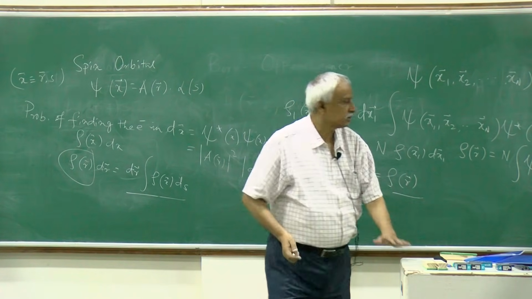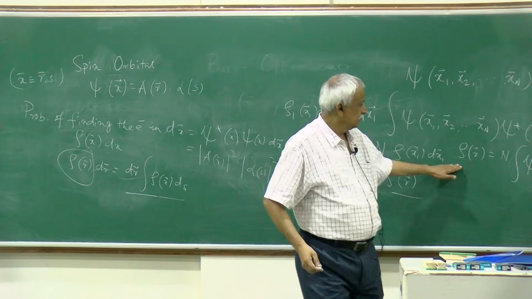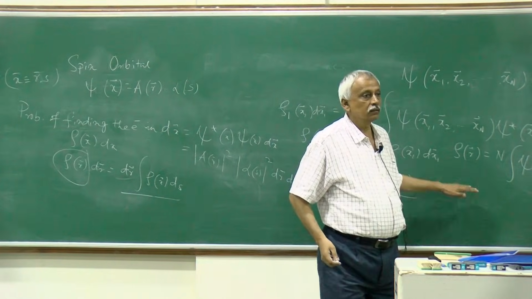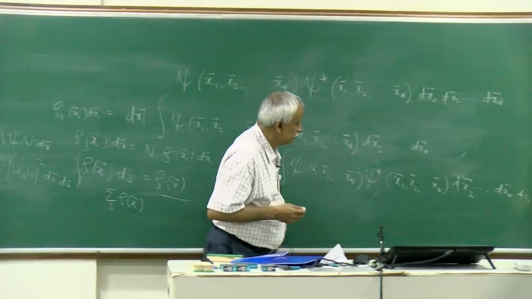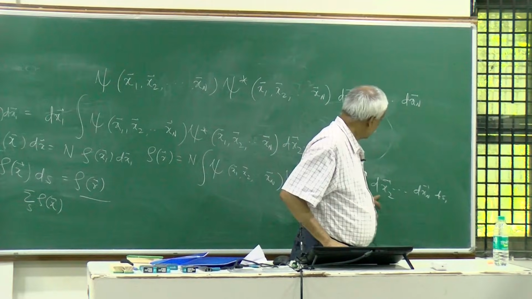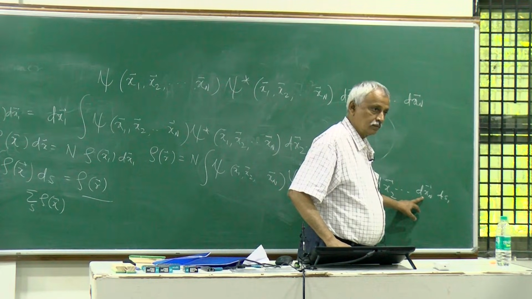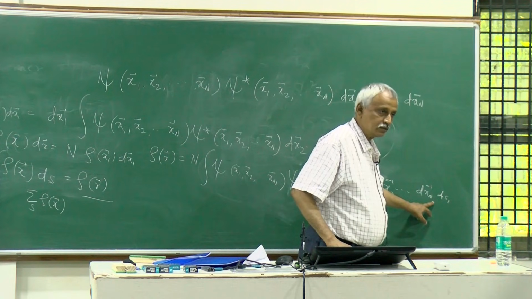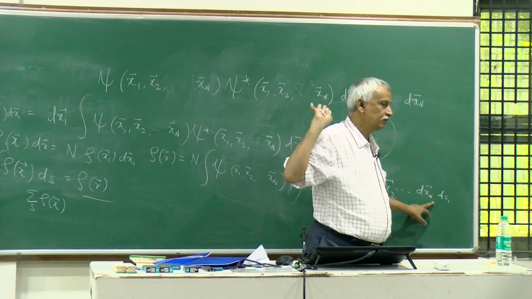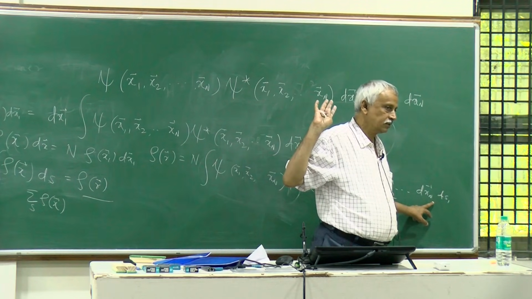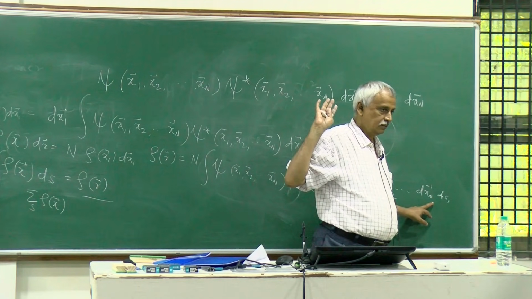Now suppose if I want to say dx2 to dxn is ds1 because the first electron also, it's irrespective of the spin I am doing. That's why it is on ds1.